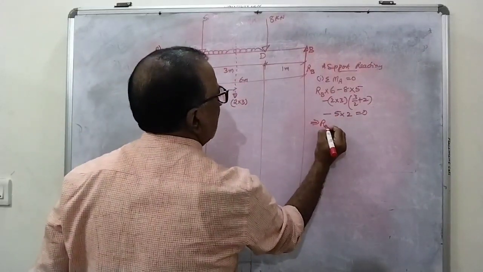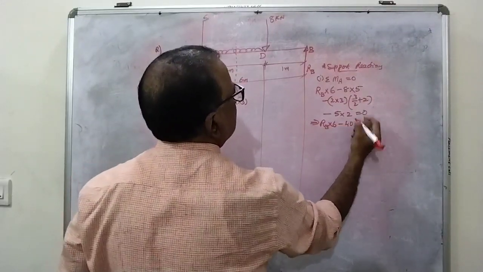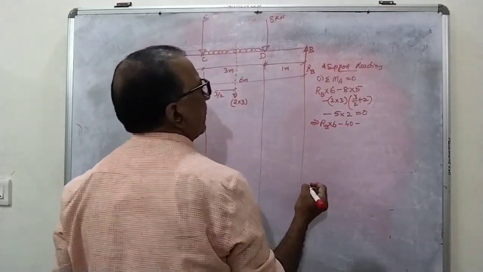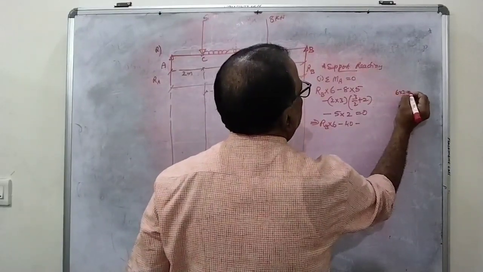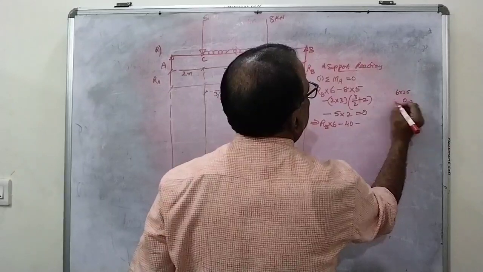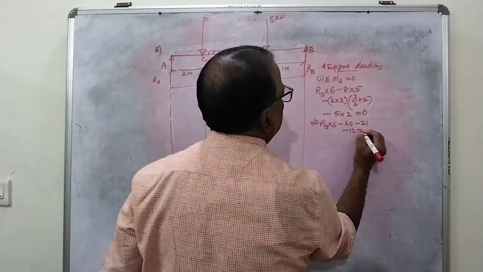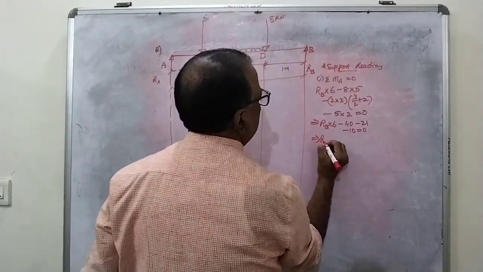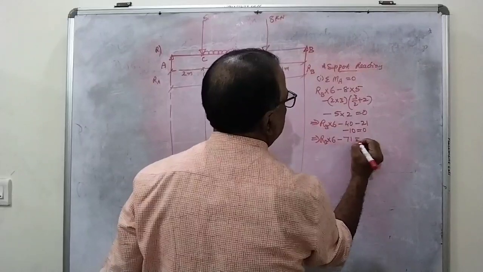This implies RB into 6 minus 40 minus 2 into 3 into 3.5, that is 21, minus 10 is equal to 0. This implies RB into 6 minus 71 is equal to 0.